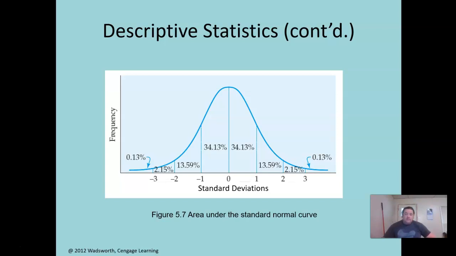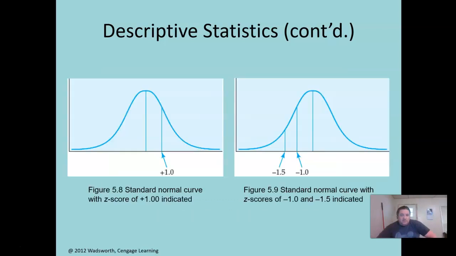There we go. With the remainder of the tail, the 3 to the rest of the standard deviations away from it is 0.13 for the rest of the tail, or 0.26. So you can see that's the area underneath the curve for standard deviations.